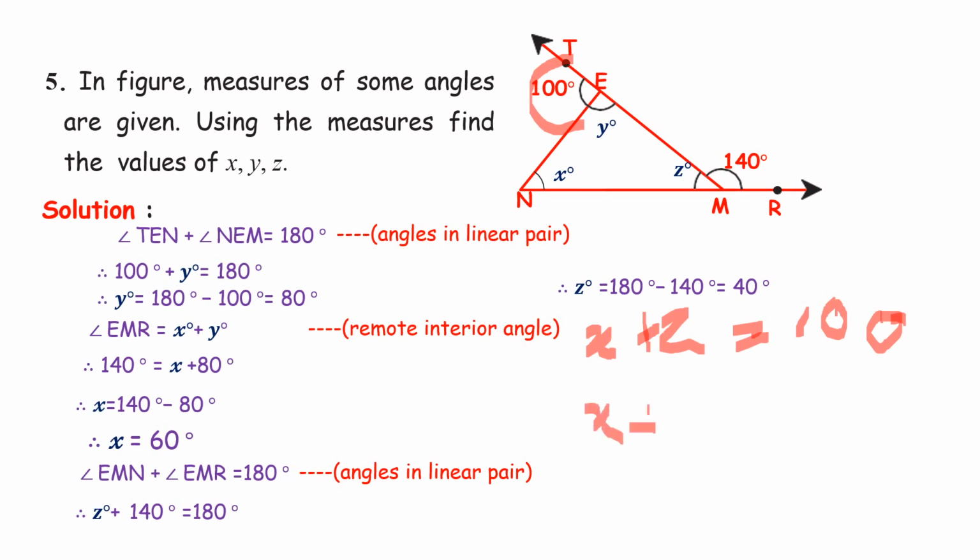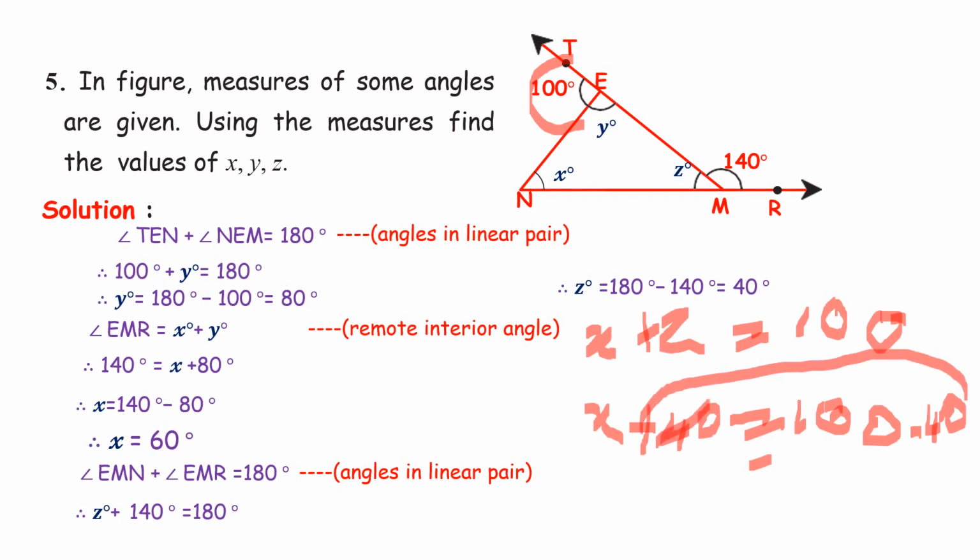X plus z is 100. 100 minus 40 is equal to 60 degree. Therefore, x is equal to 60 degree.